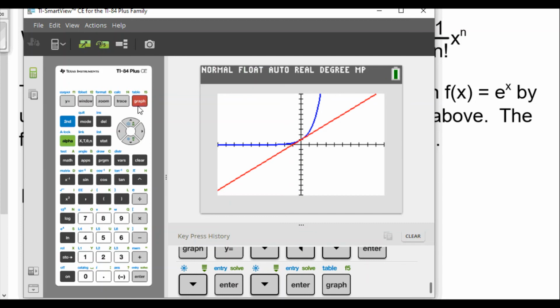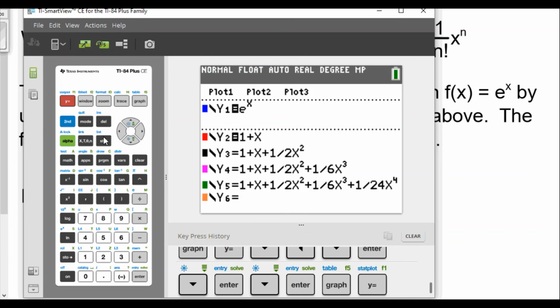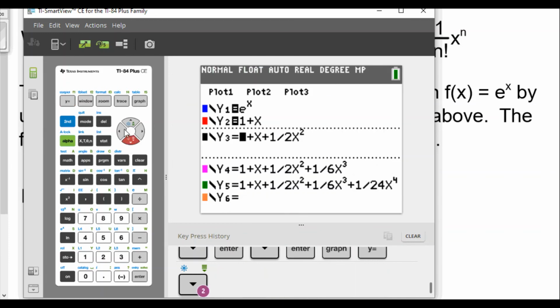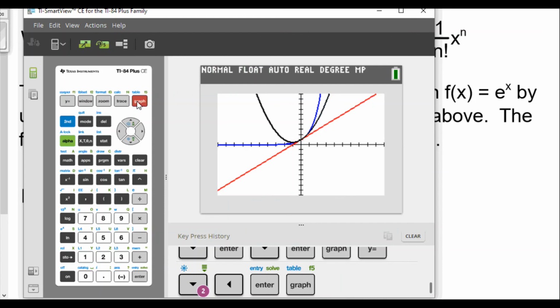Notice at x equals 0 it is a pretty good approximation. Now let's include y3, enter that in, and graph. This actually hugs the original blue graph a little better.